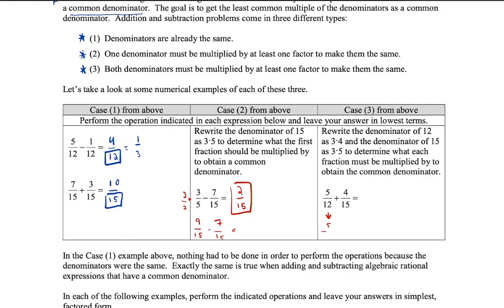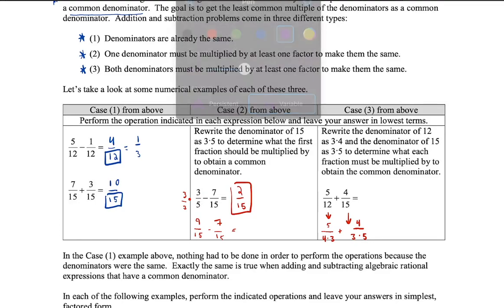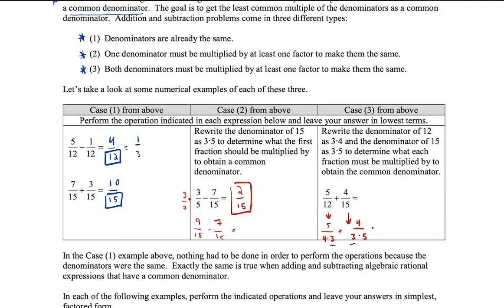This is 5/4 times 3, and this is 4/3 times 5. So they both already share a factor of 3 in their denominator. We just need to multiply the right fraction by the 4 that its denominator is missing, and the left fraction by the 5 that its denominator is missing.